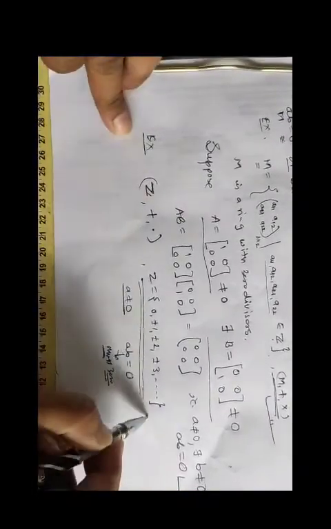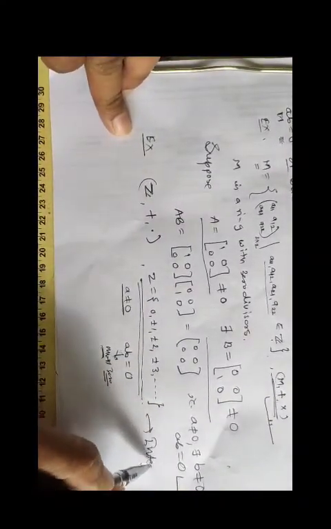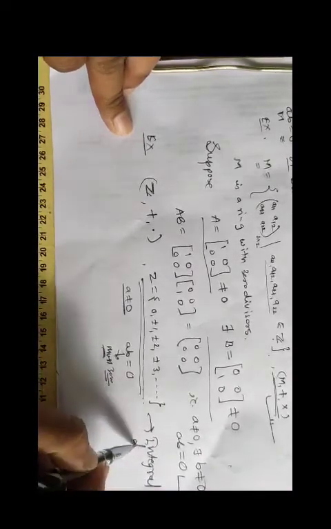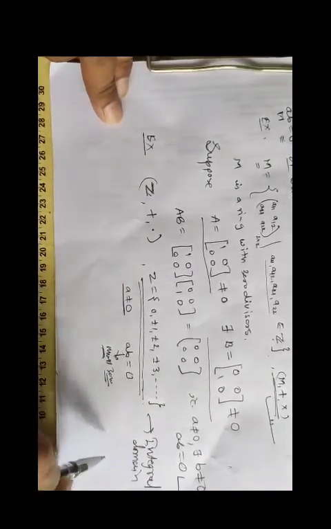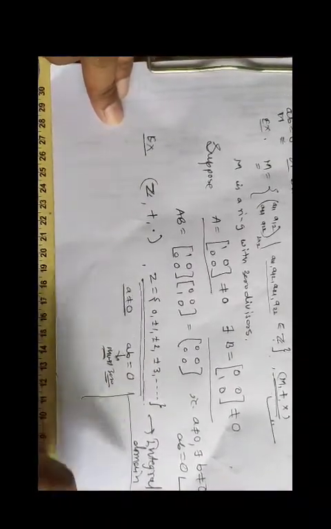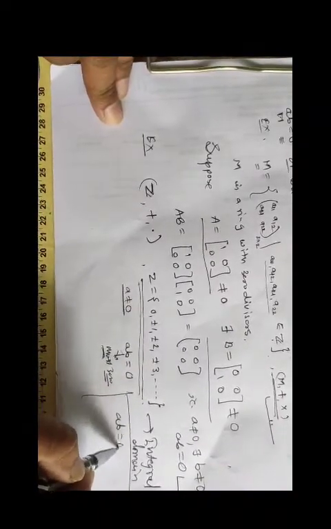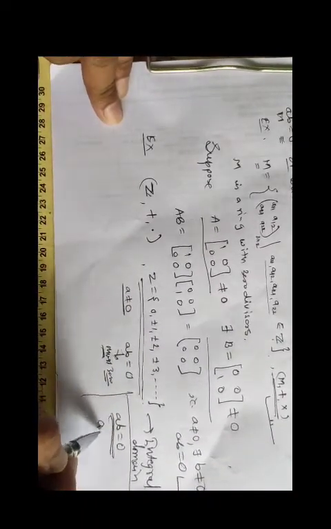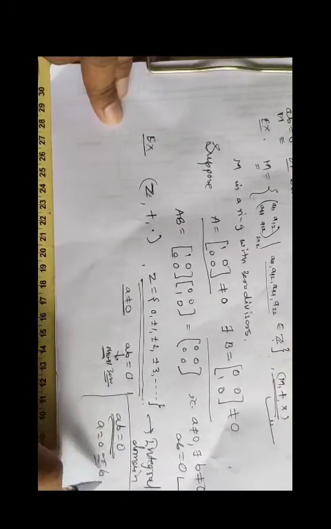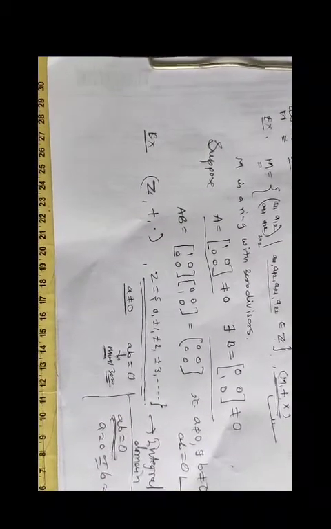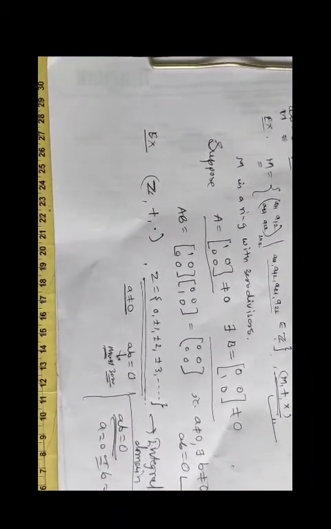So here Z is an integral domain. What is the definition of integral domain? If the product AB is equal to 0, then either A is equal to 0 or B is equal to 0. Such a type of ring is called an integral domain, and therefore the set of integers is an integral domain.